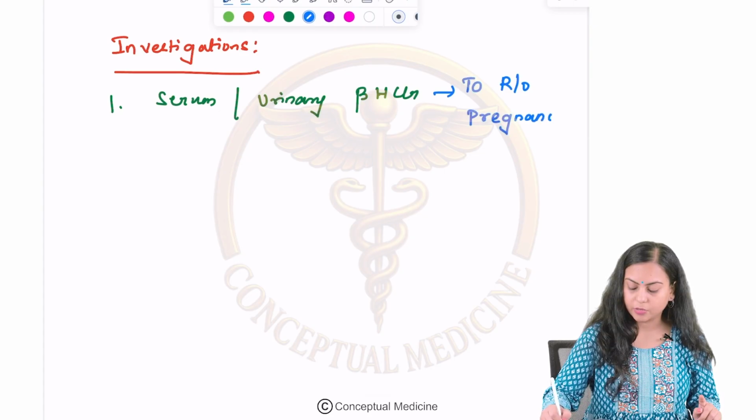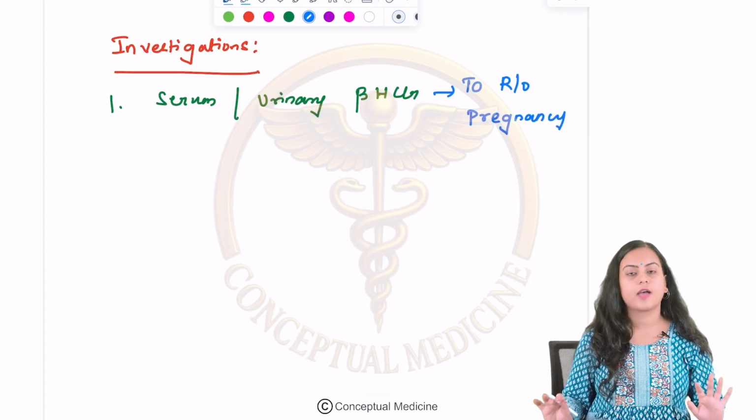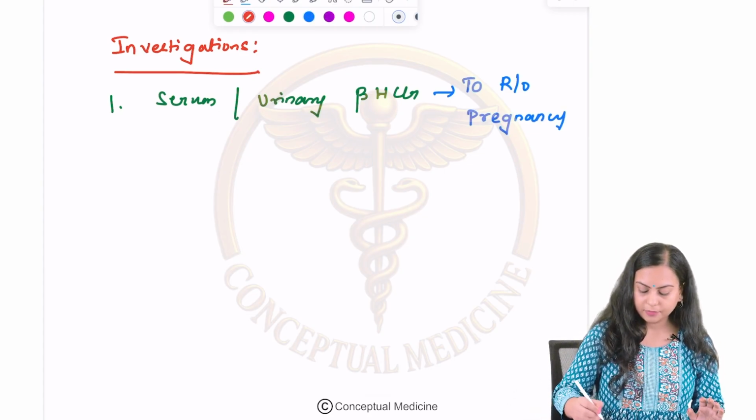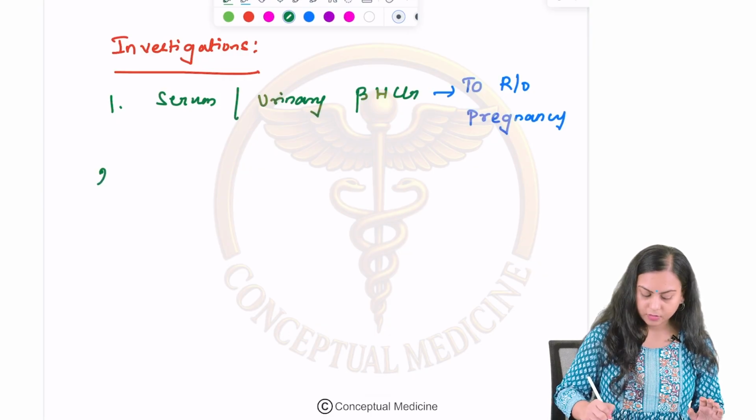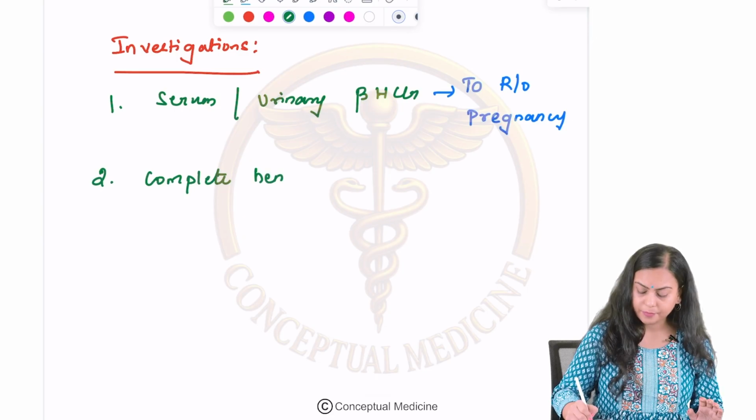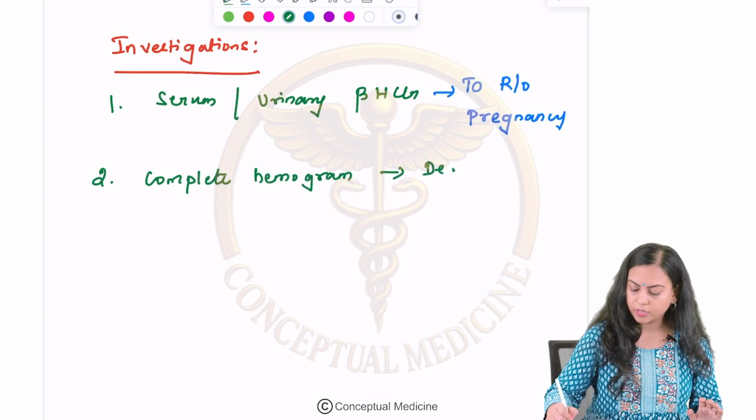Okay, very important. This is the first and foremost thing you have to do. Okay, then do a complete hemogram that will tell you about the degree and type of anemia.